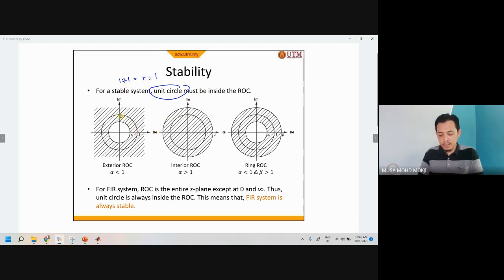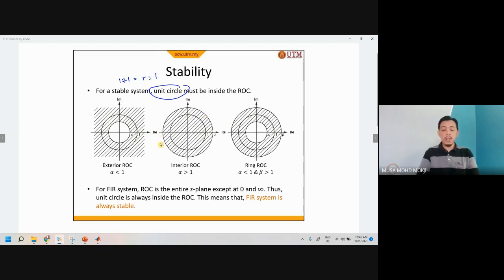Let's say this is the unit circle, because you can see that this is 1, this is also 1. What is 1? Radius 1. So this is a unit circle. We are always looking at the unit circle to check whether the system is causal, stable or not stable.